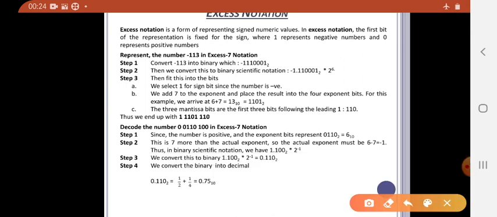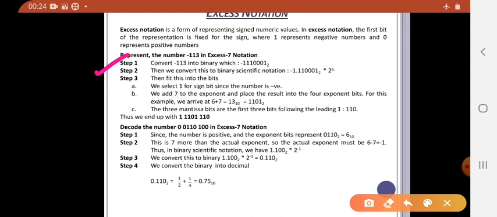Here I have converted it into a binary number. The first step is done, meaning 113 has been converted into a binary number. Then the second step is what? We have to convert this binary number into binary scientific notation form.